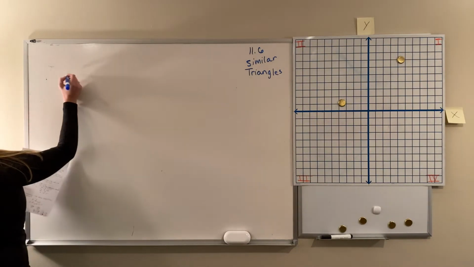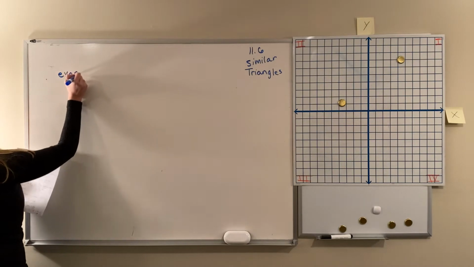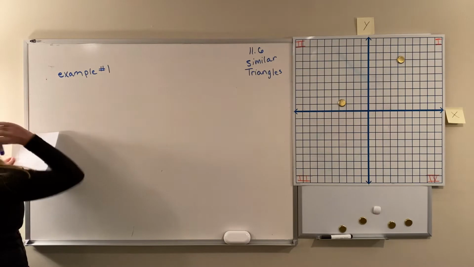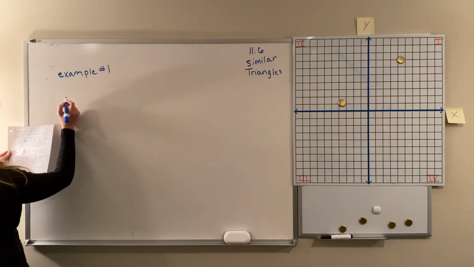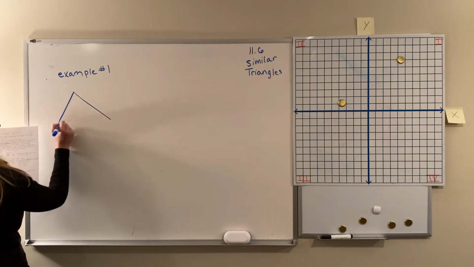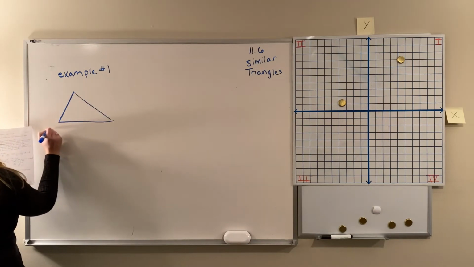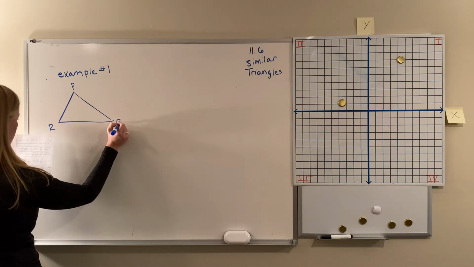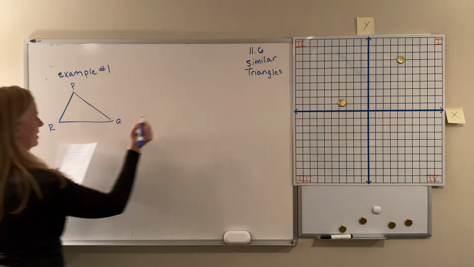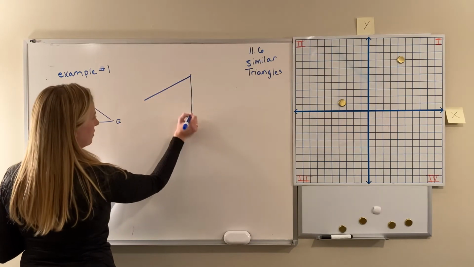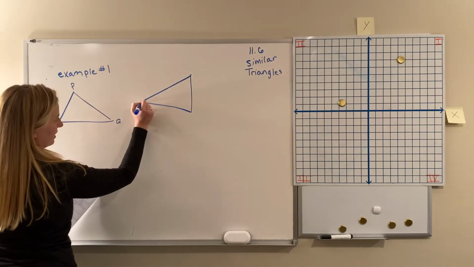All right, so for example 1, we have a triangle that looks something like that. That's R, P, and Q. And then we have another triangle that looks something like that.